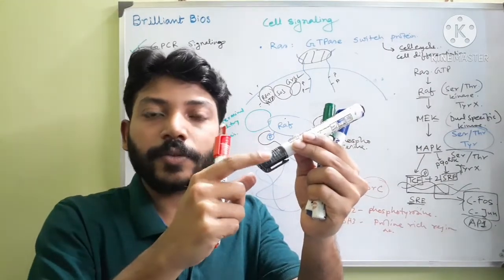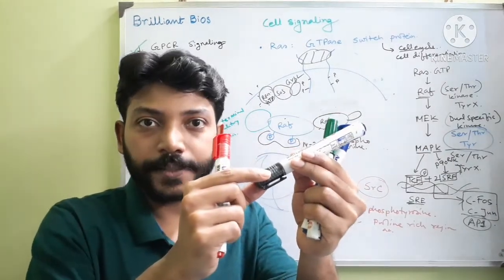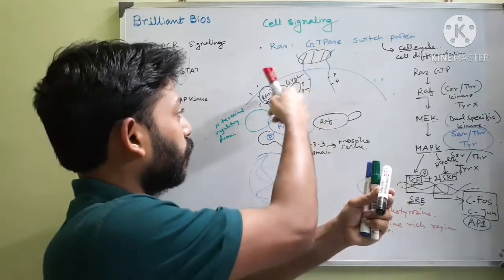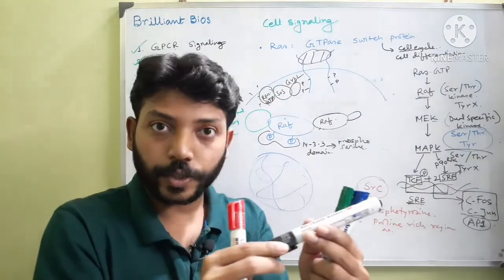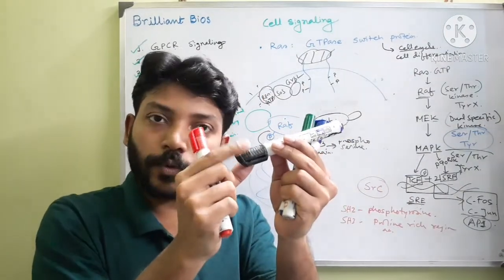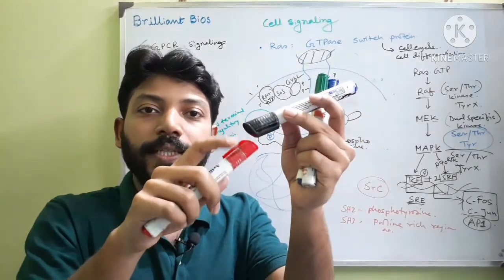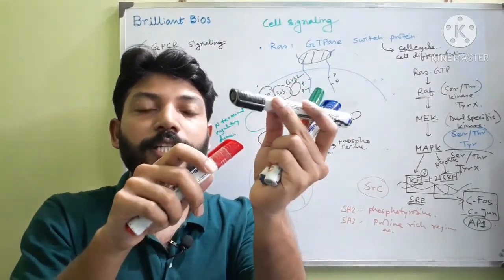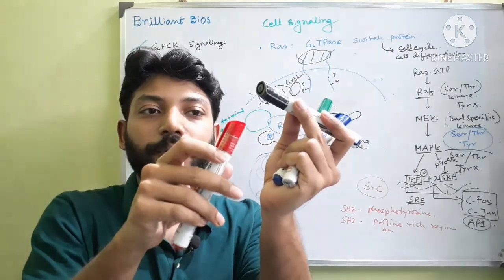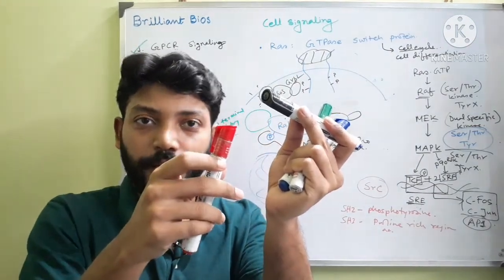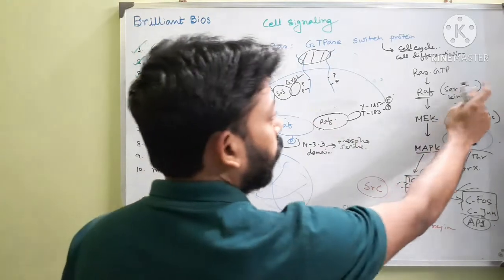When this activation loop gets phosphorylated, through interaction with this RAS protein, the phosphorylated activation loop can no longer mask the kinase domain, so it changes conformation and the kinase domain becomes active.